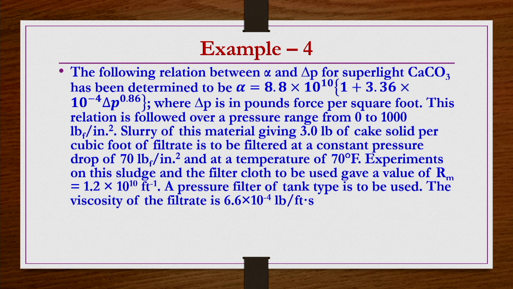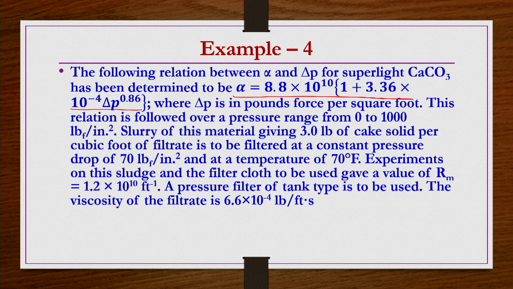Right. Now, we go to another example problem. The following relation between alpha and delta P for superlight CaCO3 has been determined: alpha is equal to 8.8 into 10 power 10 multiplied by (1 plus 3.36 into 10 power minus 4 delta P) power 0.86. So, here the cake is a compressible cake, because alpha as a function of delta P is given.